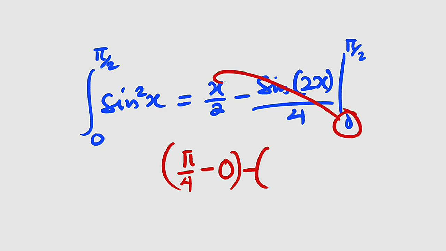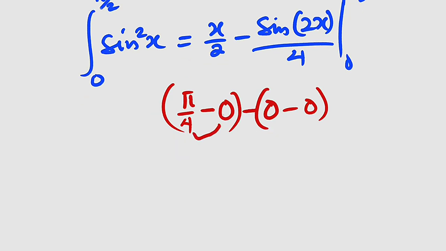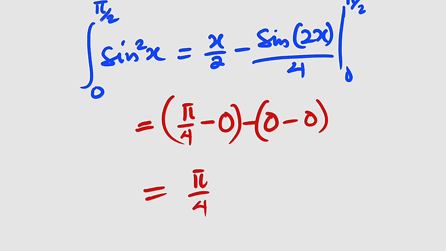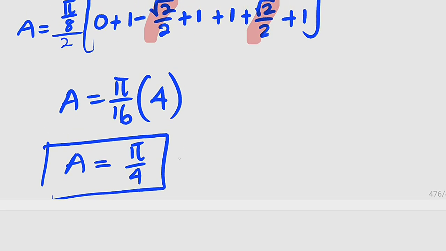If you plug in 0 here, 0 divided by 2 is still 0, minus sine of 2 times 0 is 0, sine of 0 is 0, divided by 4 is still 0. Pi over 4 minus 0 is pi over 4. The whole of this will be 0. So the whole of this will be pi over 4. And so, incredible, they are exactly the same as the previous result.